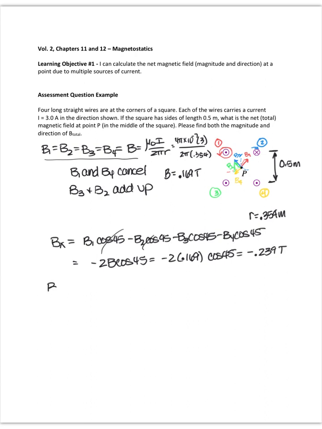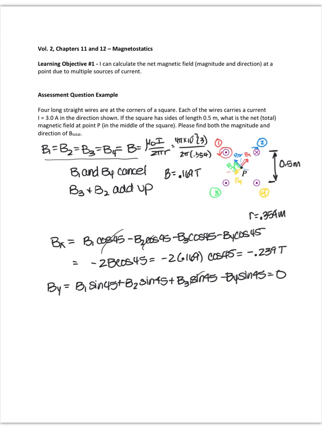Now I'm going to do the y components. B1 has a positive y component, so do B2 and B3. B4 has a negative y component.